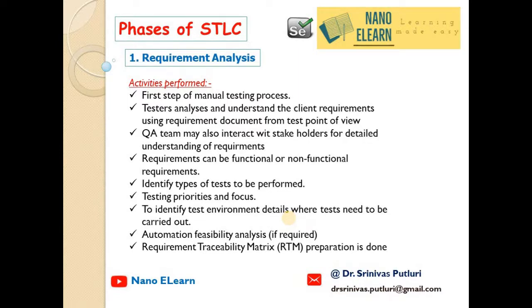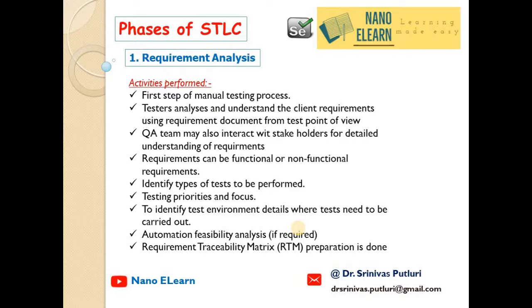If we see the first phase, the requirement analysis, it is the first step of manual testing process. The testers analyze and understand the client requirements using requirement document from test point of view. QA team may also interact with stakeholders for detailed understanding of requirements. The requirements here can be functional or non-functional requirements.